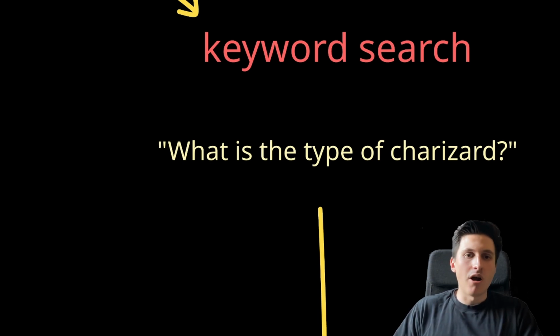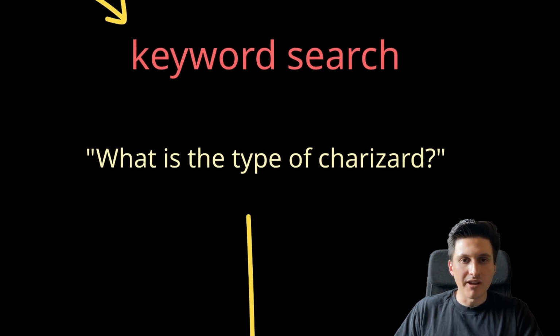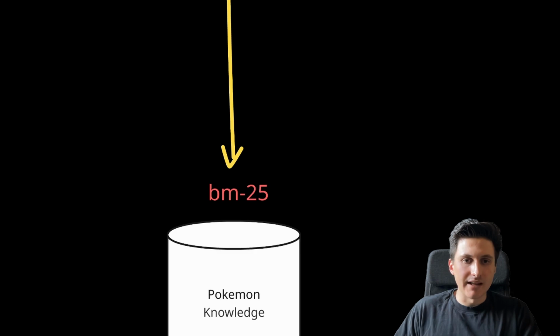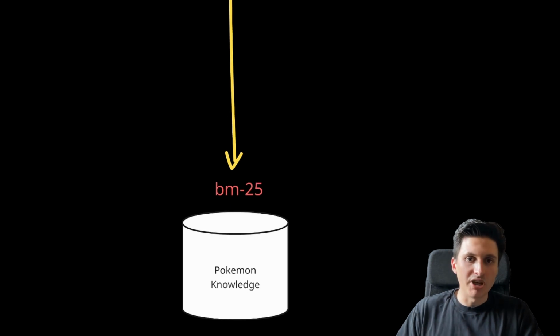But what it comes down to is we are literally going to search for documents that have a lot of syntactic similarity with the query. This is implemented with something called BM25, which is a very common keyword search algorithm. If you know about TF-IDF, it's very similar to that.